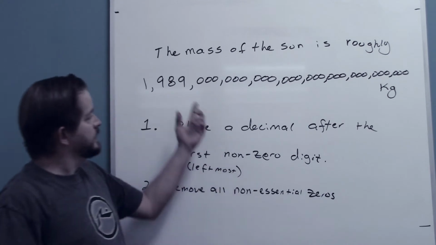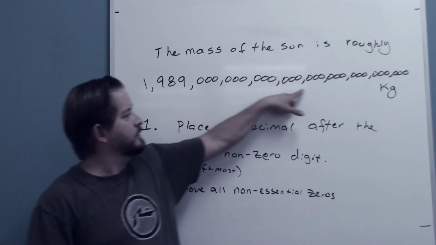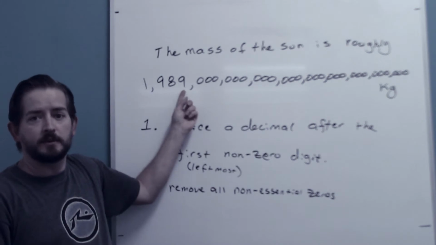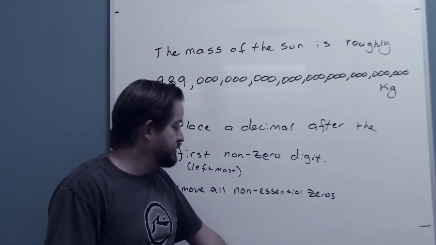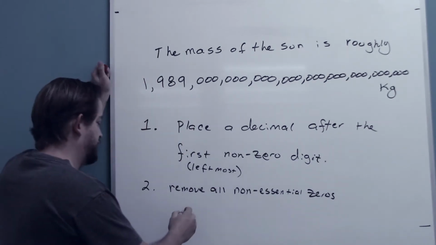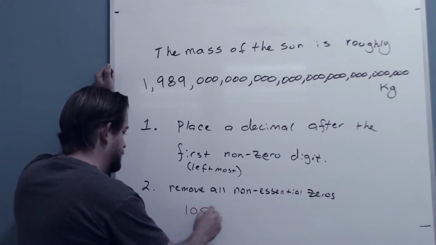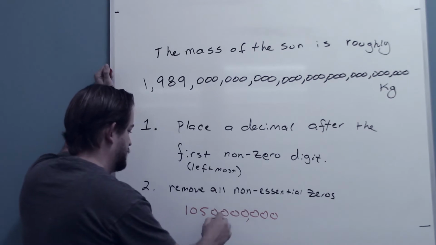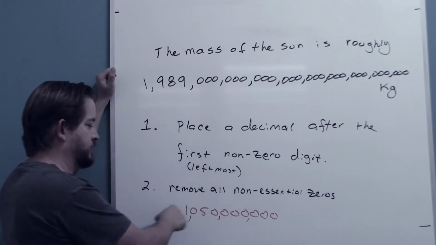The non-essential zeros in a large number are all these zeros that trail after this 9 in this number, right? There are some zeros that are essential. For example, if I had something like 1,050,000,000, some big number, whatever this number is, it doesn't matter.